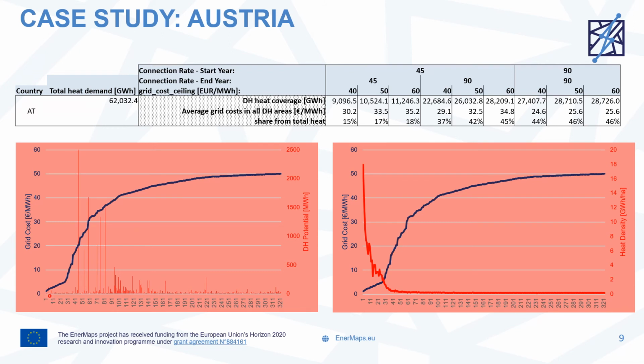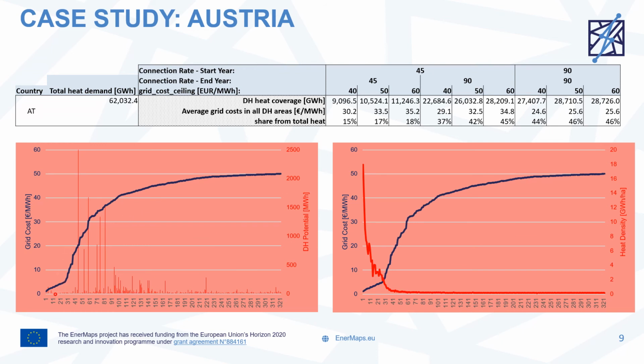Another aspect that I looked at was the comparison of grid costs in district heating areas and also district heating potential in those areas. So here again in the x-axis you see different coherent areas or potential district heating areas, and then on the primary axis you see the grid cost in euro per megawatt hour in each of those potential district heating areas, and in the secondary axis you see the potential.